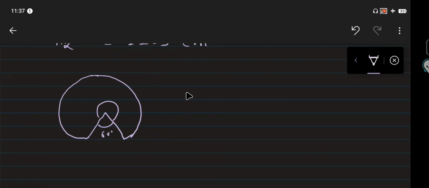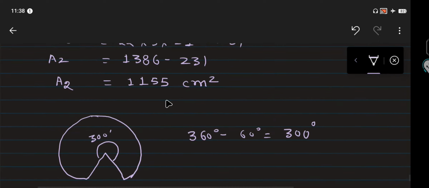It will be 360 degree minus 60 degree, so it is coming 300 degree. So if you take this central angle 300 degree and apply the formula of area of sector that we have just found, then you will again get the same area, 1155 centimeter square.